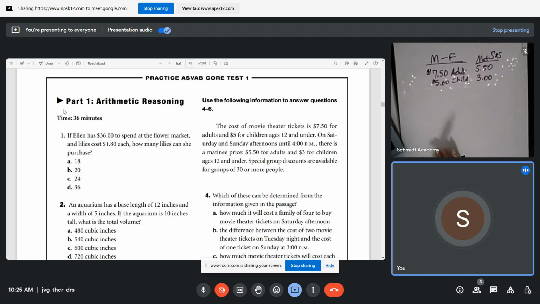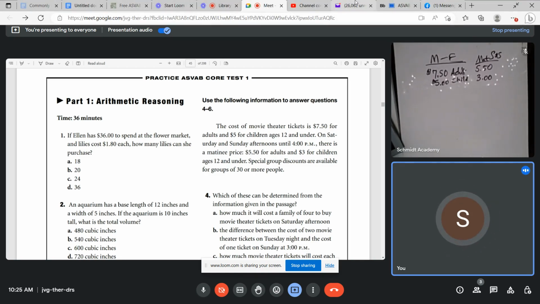Yes, we can. It depends on what time they go, though, because before or until four, there's a matinee price. B says the difference between the cost of two movie theater tickets Tuesday night and the cost of one ticket Sunday. The only problem with that is we don't know if it's an adult or child ticket.